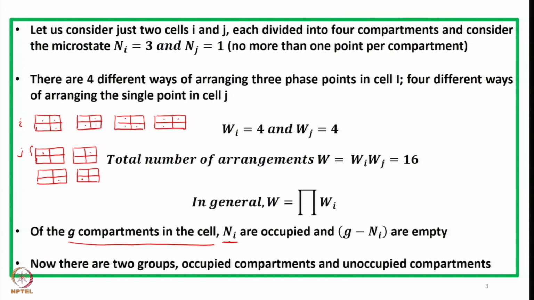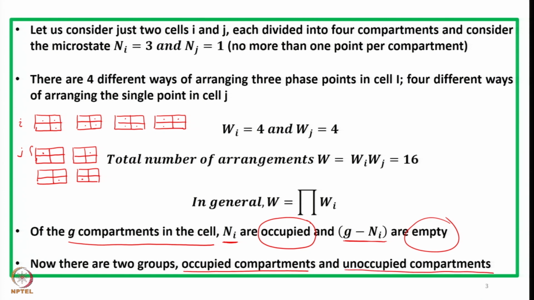That means if Ni are occupied, G minus Ni are empty, because there are total G compartments. So we have occupied and we have empty. That means there are 2 groups: occupied compartments and empty compartments.